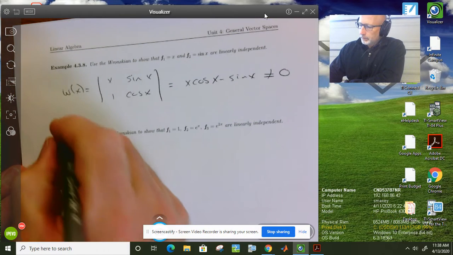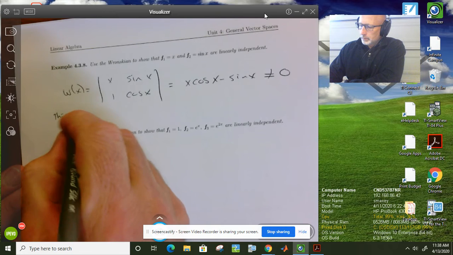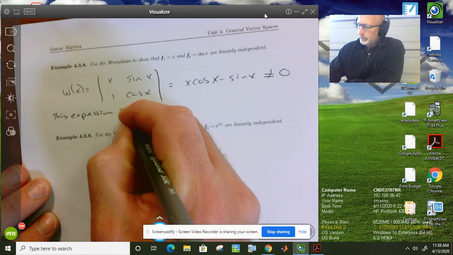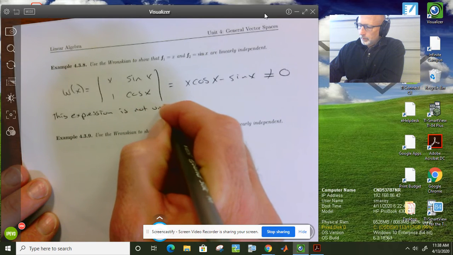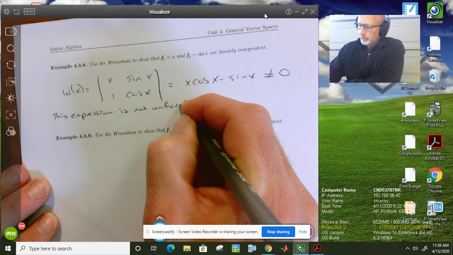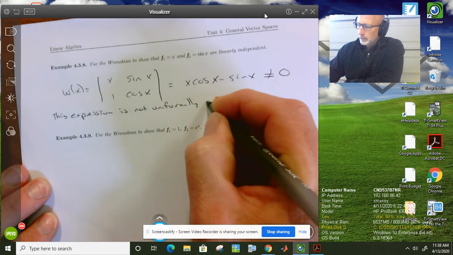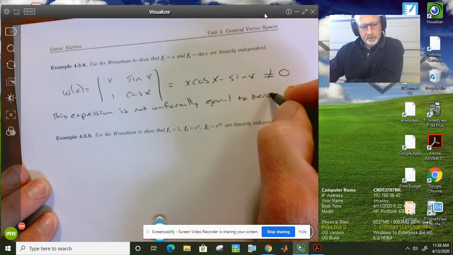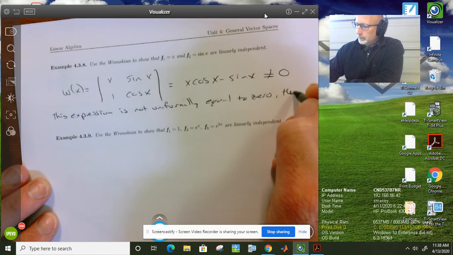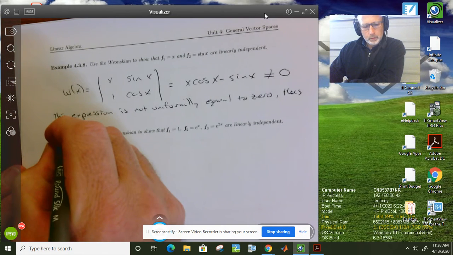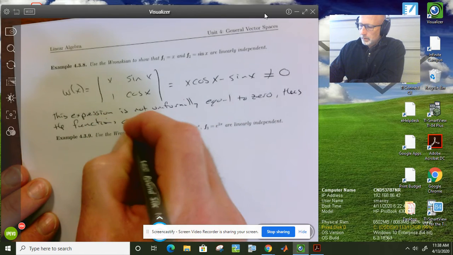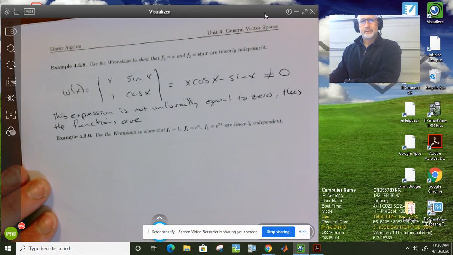Okay? So this expression is not uniformly equal to 0. Thus, the functions are what?